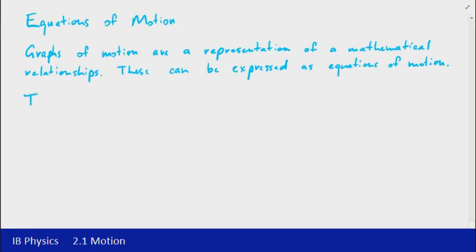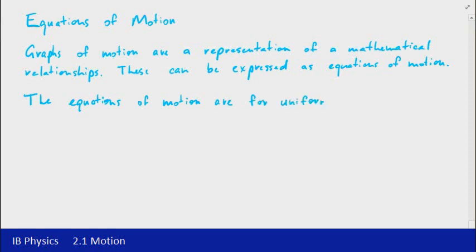Before we do that though, one key point: the equations of motion that we're going to look at are related to constant acceleration, or uniformly accelerated motion.